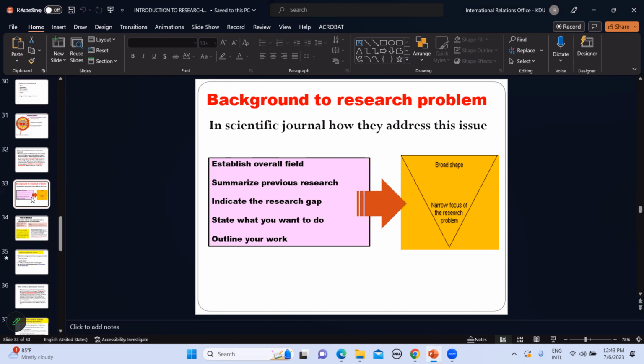And then the background to your research problem in the scientific journals, how they address this issue. As I told you, students, very broad shape, narrow focus. To narrow down, you have to talk to your supervisor again and again. You don't go and ask the supervisor, sir, next, what should I do?